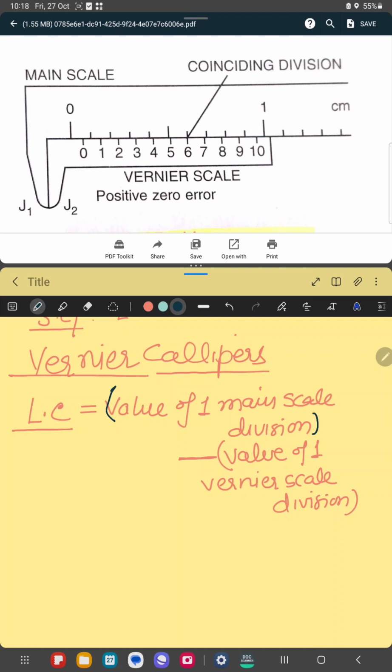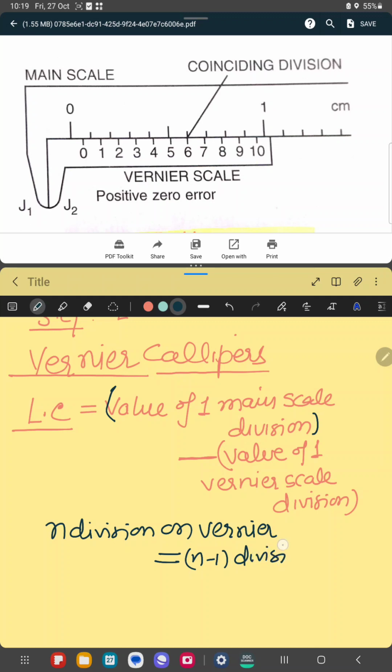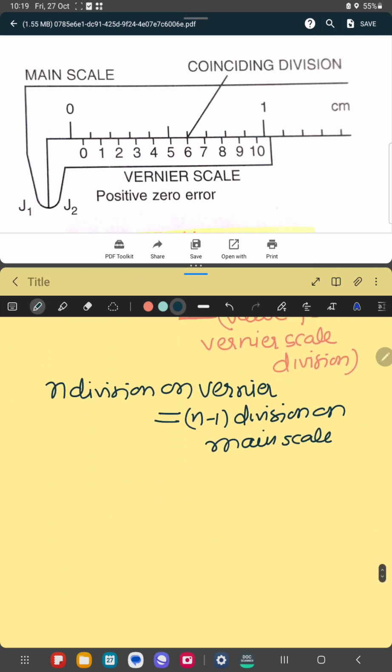So let's take n divisions on the Vernier scale to be equal to n minus 1 divisions on the main scale.